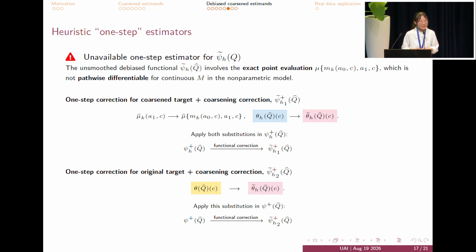For the first one, we can start from the one-step estimator of the quotient target and just replace the quotient functional by the debiased functional. And for the second one, we can start from the one-step estimator of the original target and replace the theta also by the debiased functional. But be careful, these two are not the real one-step estimators. They're just our heuristic versions.